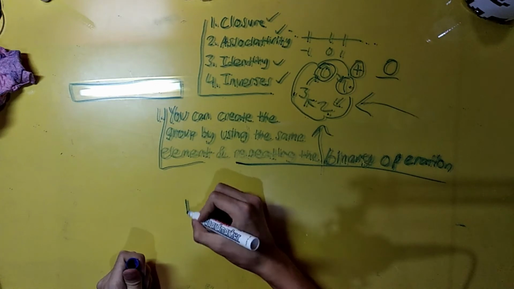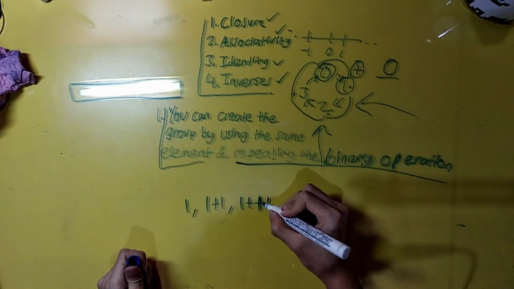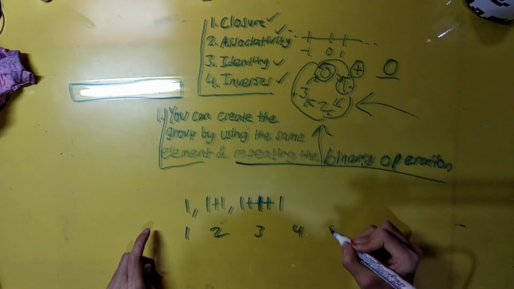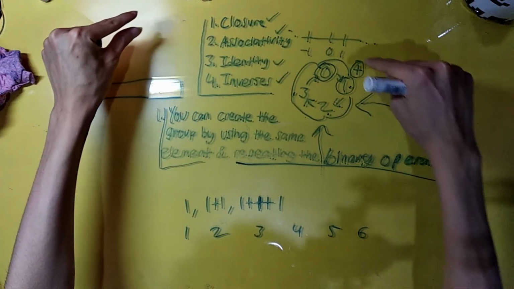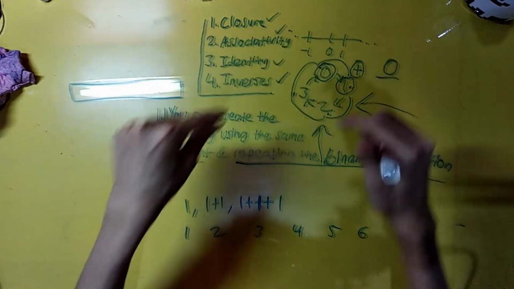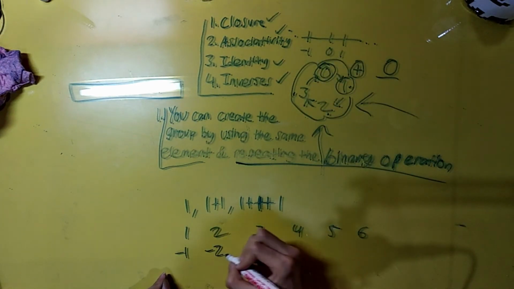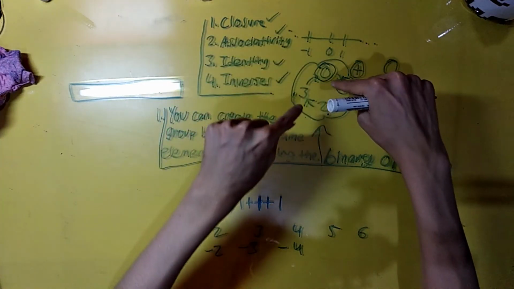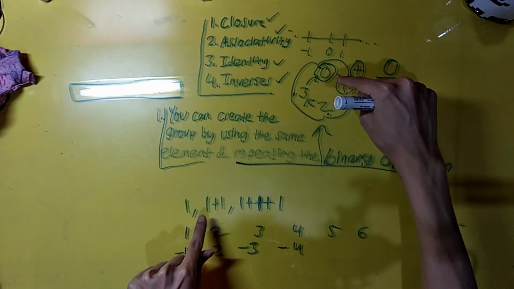If we have 1, we have 1 plus 1, we have 1 plus 1 plus 1, we have 1, 2, 3, then 4, then 5, then 6. We're just going to end up extending the line when we repeat 1. And we also have to do it backwards as well: -1, -2, -3, -4.